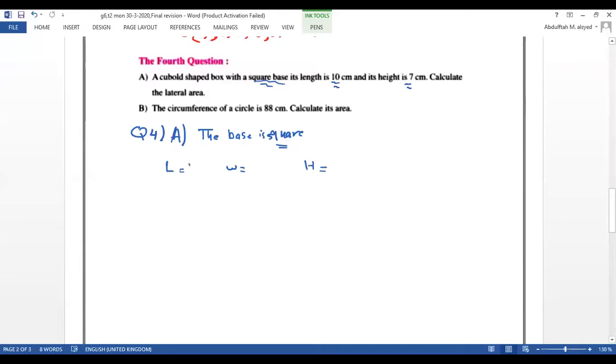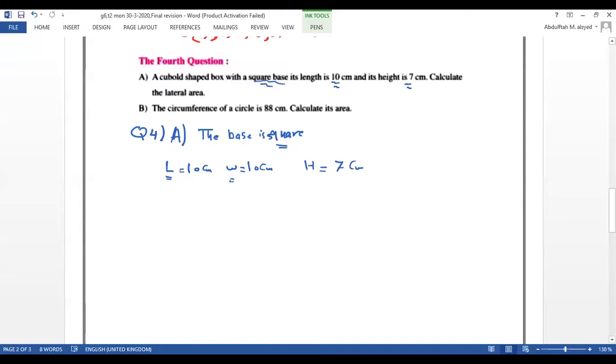Length is 10, and the base is square, so length equals width, so it's 10 also. So this is 10 centimeters, this is 10 centimeters, and the height is 7 centimeters.